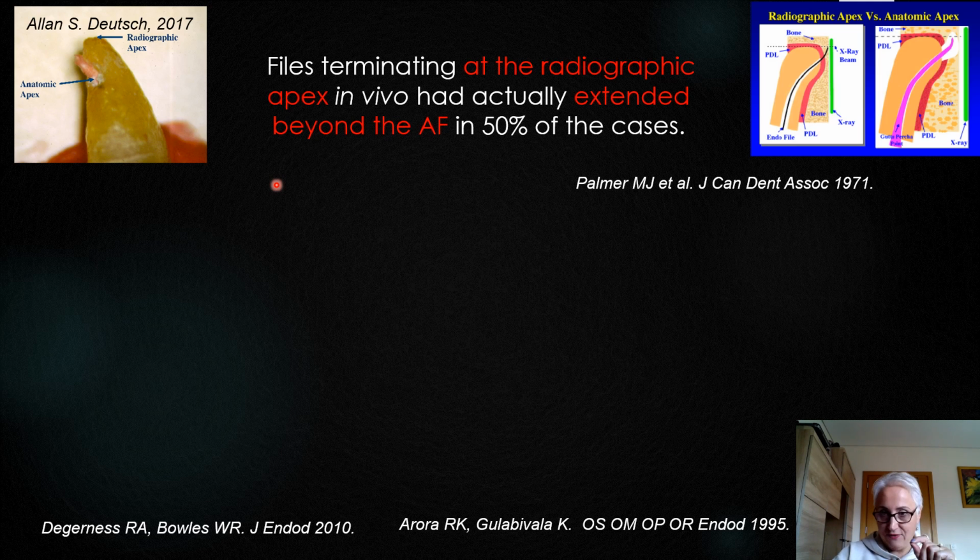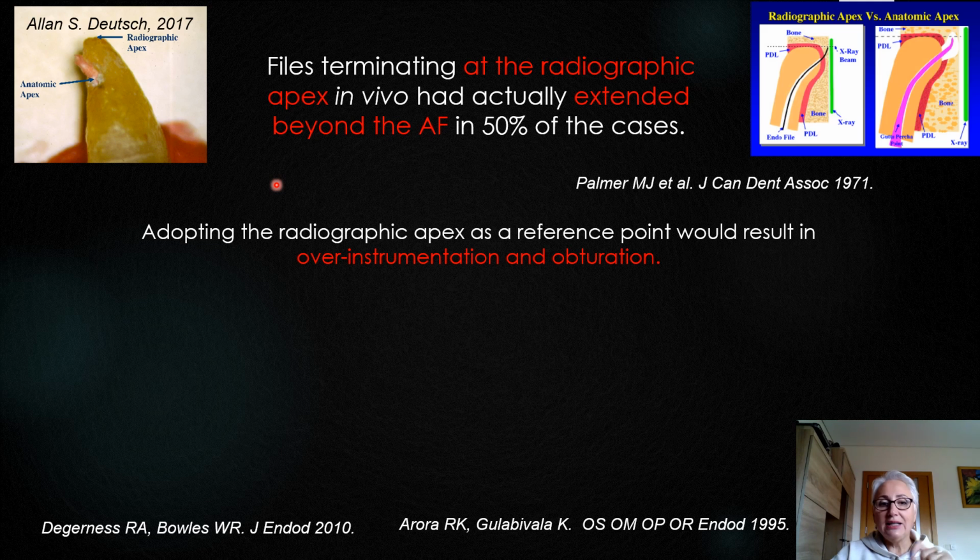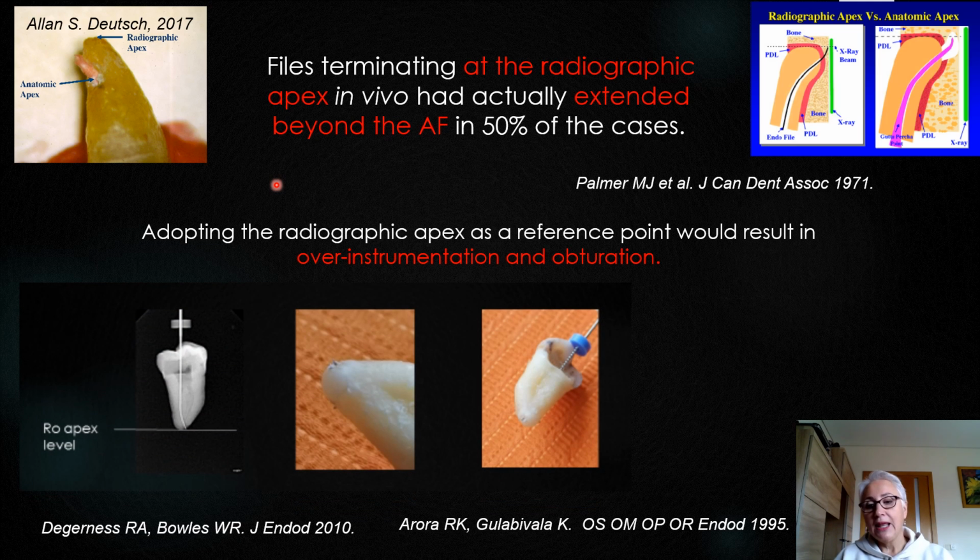So if you have an X-ray showing your instrument reaching the radiographic apex, it means in every second case you are over the apical foramina. I'm not even talking about the apical constriction. Adopting the radiographic apex as a reference point would result in over-instrumentation and over-obturation.